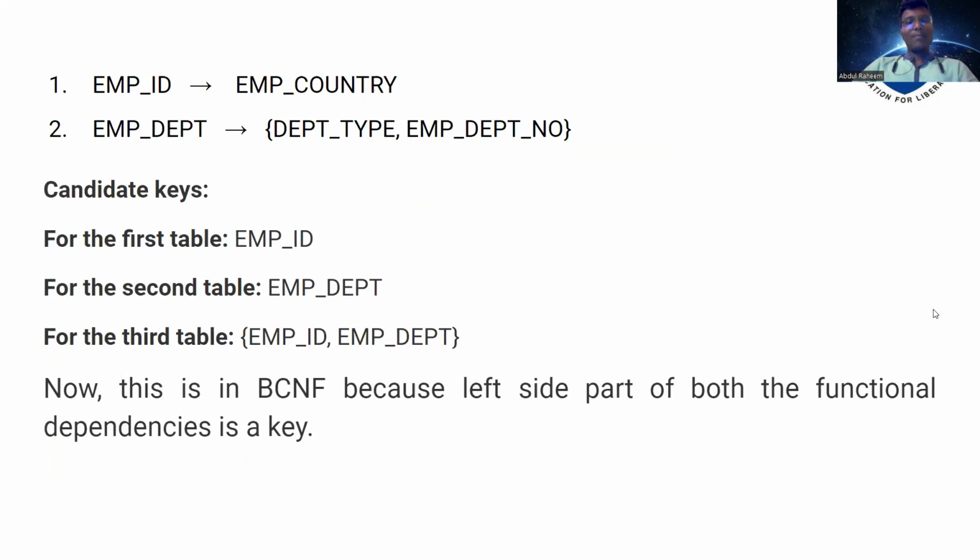Employee ID determines employee country; employee department determines department type and department number. Candidate keys: for the first table, employee ID. For the second table, employee department. For the third table, employee ID and employee department. Now these are in BCNF because the left side of both functional dependencies is a key.